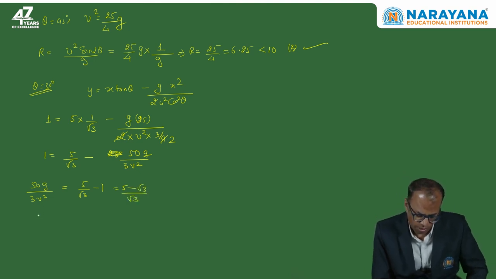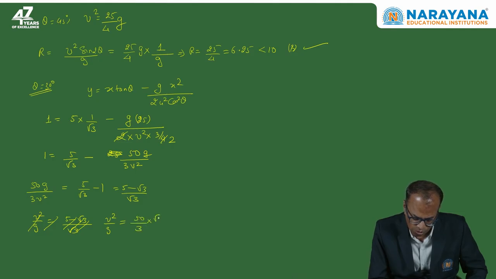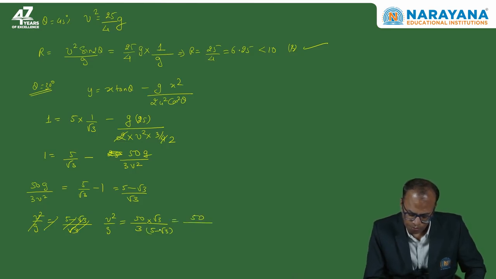So I get the value of V square by G as 5 minus root 3 by root 3. No, I have to write the reciprocal. So V square by G will be equal to 50 by 3 into root 3 upon 5 minus root 3. That is 50 upon 5 root 3 minus 3.